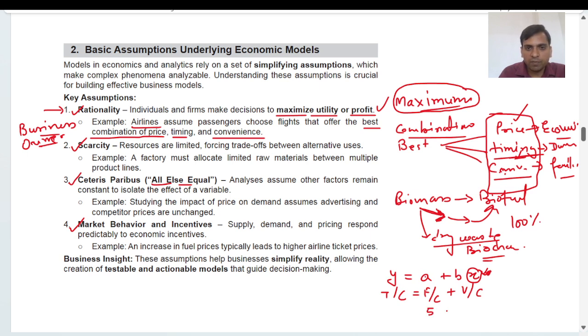Suppose a is 5 and b is 6 and x is the variable quantity. Suppose we are talking about a textile manufacturing industry, and this textile manufacturing industry is just making bed sheets, not other products. So this total cost is based on only this bed sheet production.